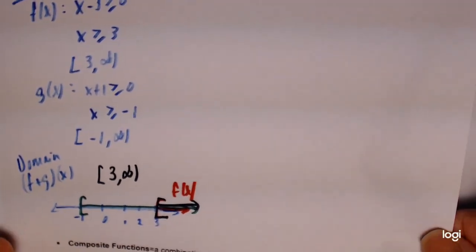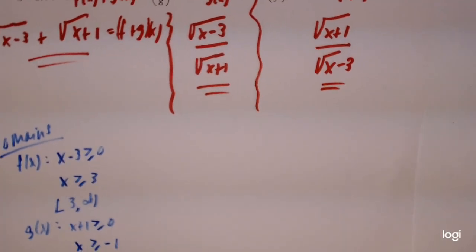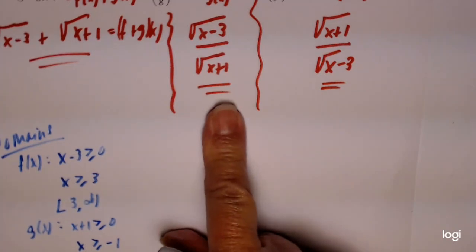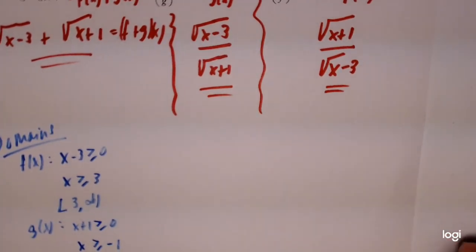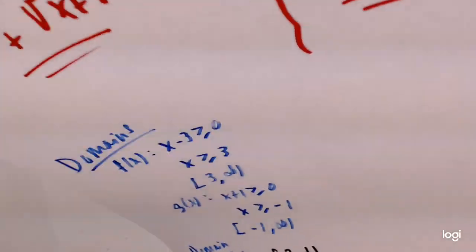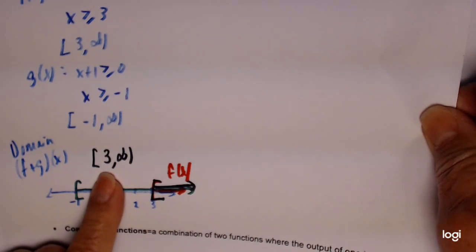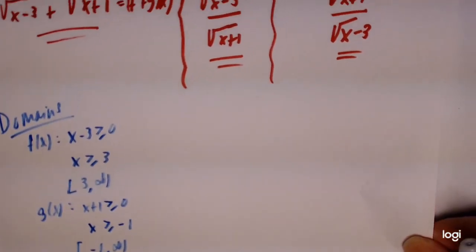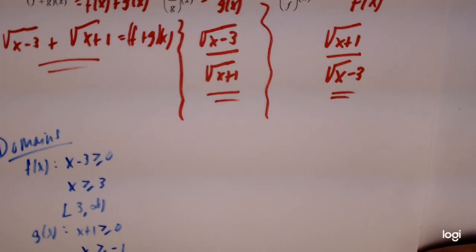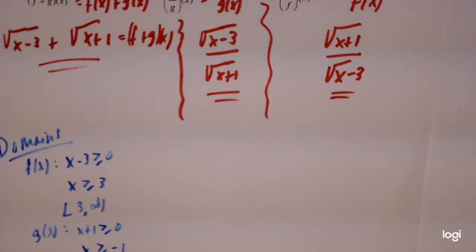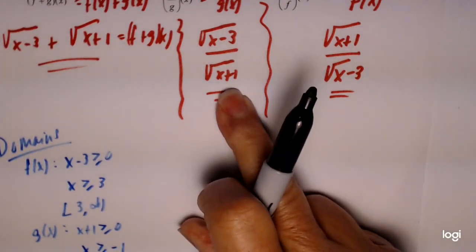Now let's take a look at the implications of this for this function here. We've already looked at the domains of f of x and g of x and their intersection. So we know we're starting from here, right? We know that this should be the domain that works for here. Question is, are there any other considerations now? And there are, because we've created this denominator here of x plus 1. So this cannot be 0.